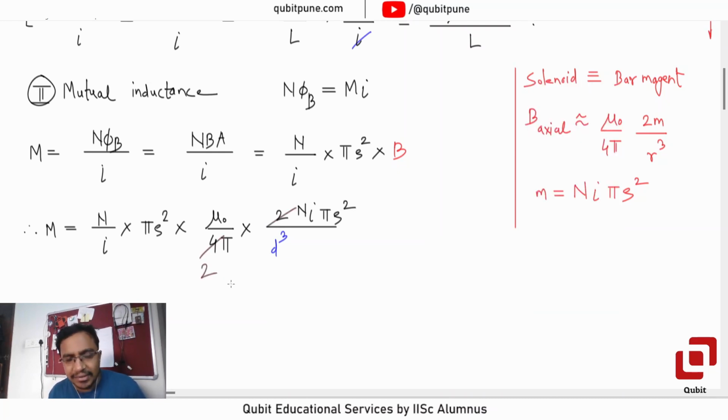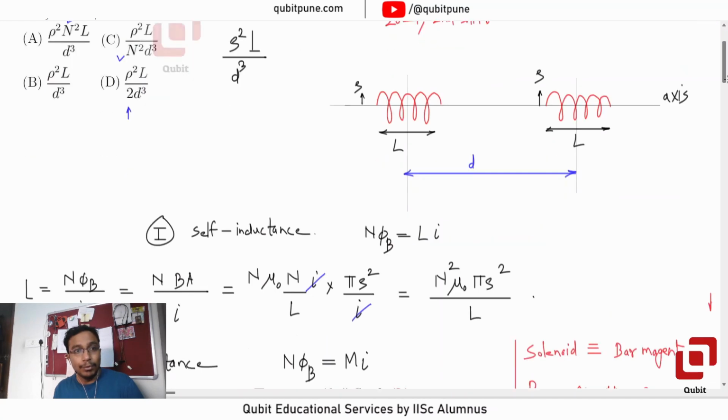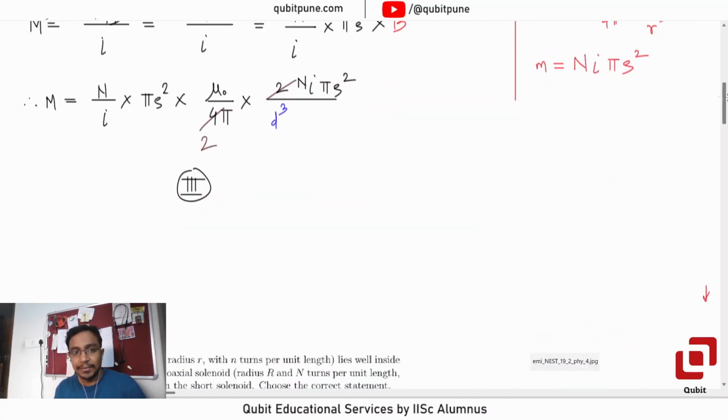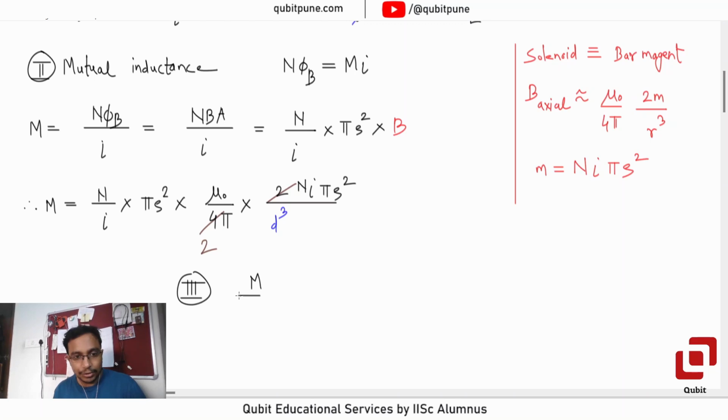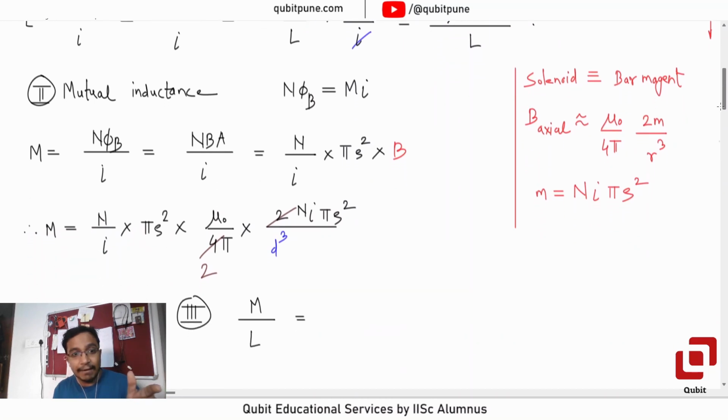And there is no chance that any other numerical constant except pi will pop up in our derivation. Which means if we take the ratio of mutual to self-inductance, can I say that it will have 2 in the denominator?